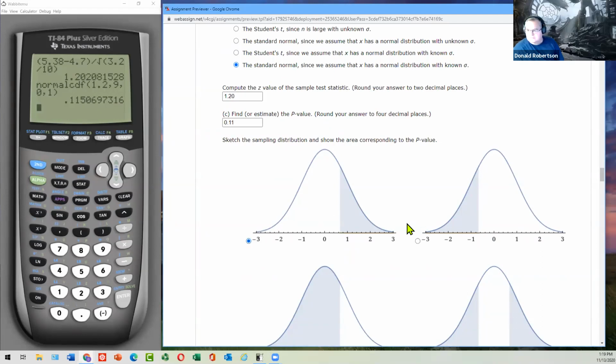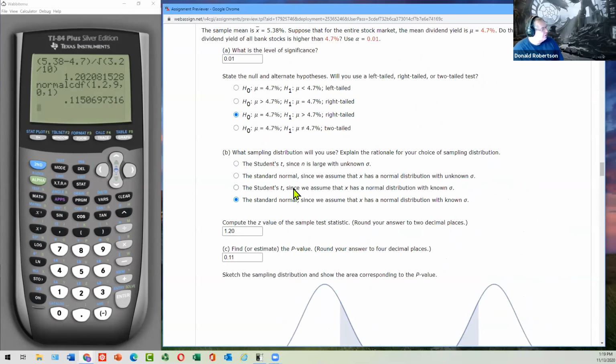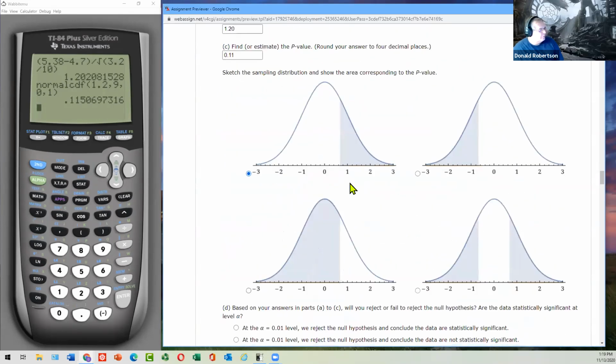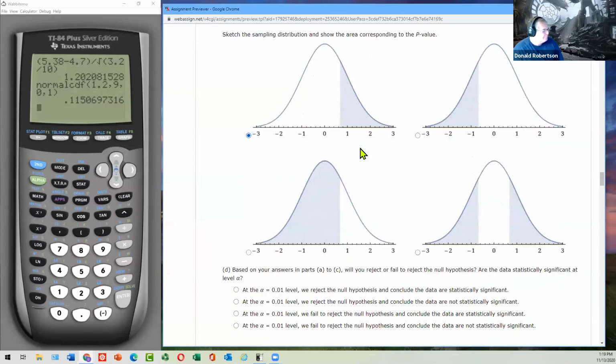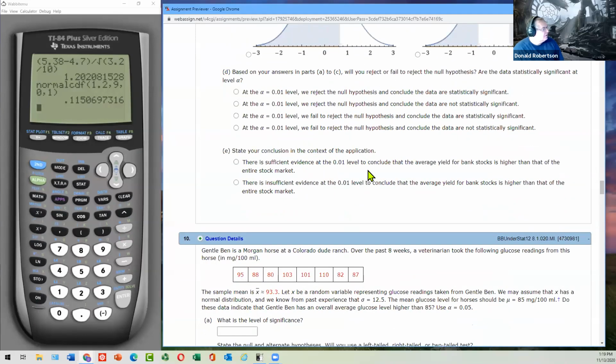I would have shaded that like over here, but no. Oh, maybe not. Okay, it makes more sense. It is to the right. I'm thinking that is the z-score, but the z-score we had was 1.2. Well, it's still not quite right, but it's the picture. Can't argue with that. Now, we have a 0.11.